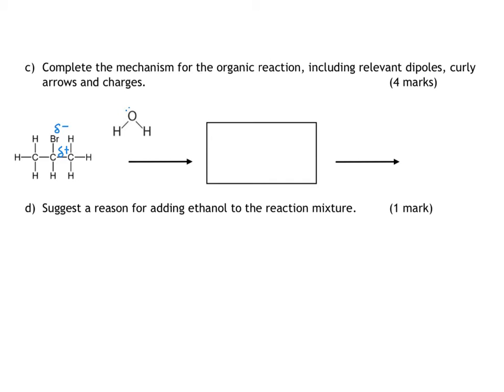So the curly arrows involved in the first step are going to be from the oxygen to the carbon. I'm just going underneath so I don't cross over the delta plus because it's a bit tricky otherwise. And then going from the middle of the bond to the bromine to break that bromine off.